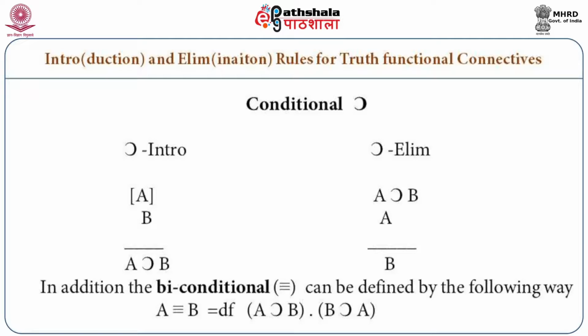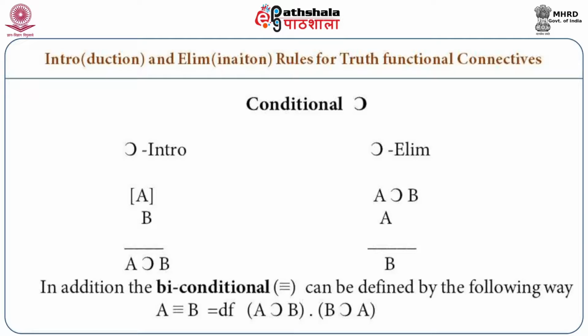Let us say that there is a thesis, that means a sentence which is true, A implies B. And another thesis, A, that is, A is true. Then given these two sentences, we can infer the truth of B. Along this line, we can introduce the so-called biconditional connective, sometimes called material equivalence.